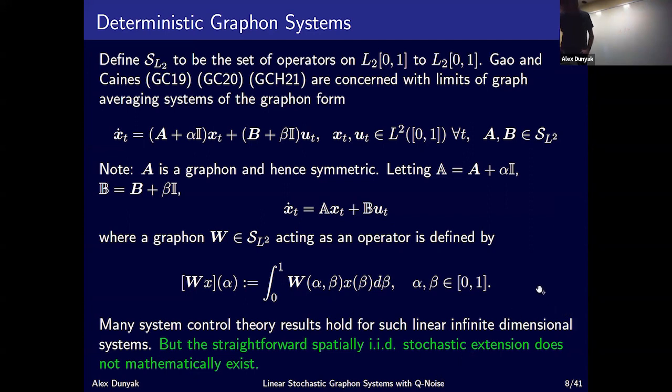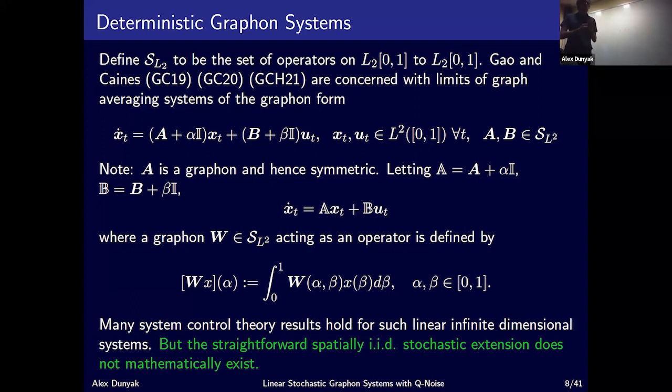So the graphon is just acting as an integral operator, meaning that for each point alpha, you integrate from 0 to 1 the graphon of alpha comma beta, x of beta, d beta. Whenever I say a graphon acting as an operator on a state, that's what I mean.